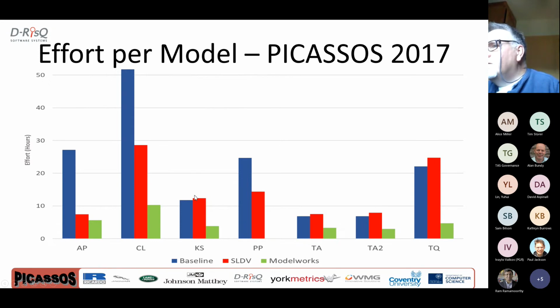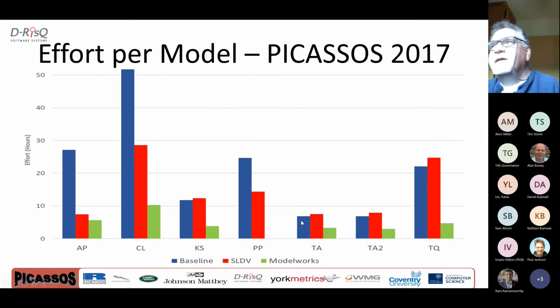And what you can see in this graph are the conventional methods that they were using in order to generate this evidence, this time for ISO 26262 or some number like that. I always forget. The use of the MathWorks products, the Simulink Design Verifier, and the use of ModelWorks.